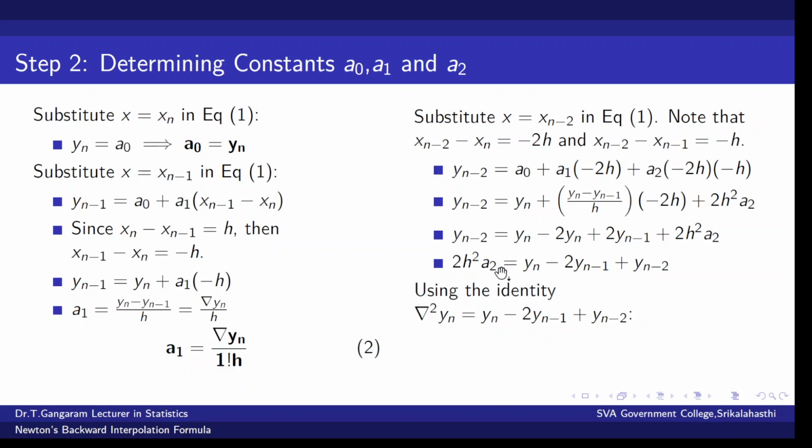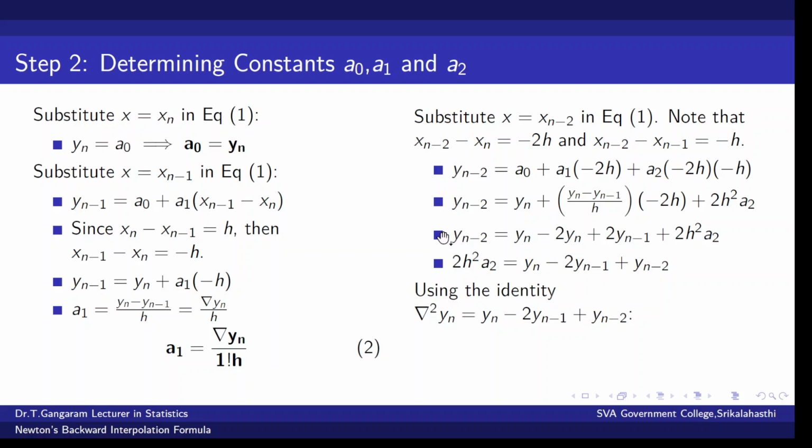Look here. We multiply the LHS and RHS throughout with minus 1. So the minus yn minus 2 becomes plus, the minus 2h square a2 becomes 2h square a2, and here yn minus 2 nabla yn becomes minus.